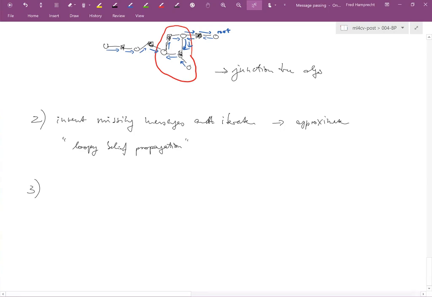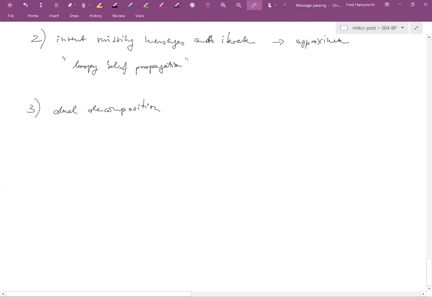Okay, the third part. I can do dual decomposition. And I will only sketch this now. So let's look at our original MRF. I'm going to use a tiny one here.